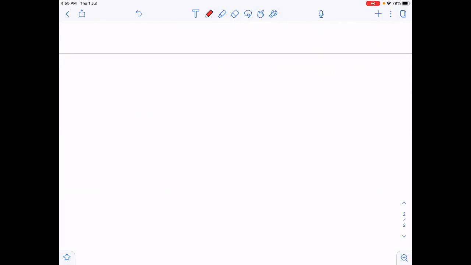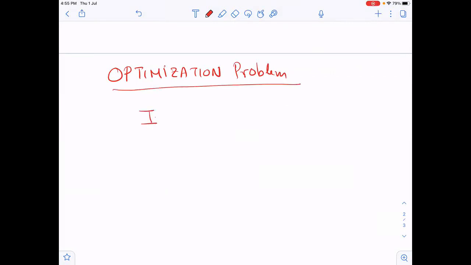I have an optimization problem. What does it mean? You have been given an input, and the output is you have to output the max of some quantity.